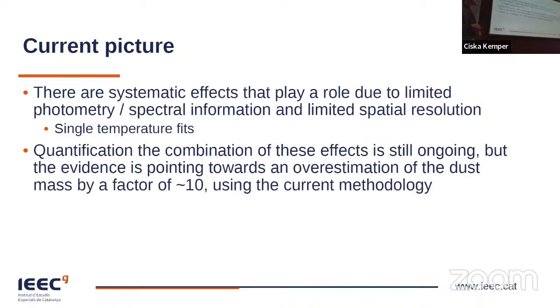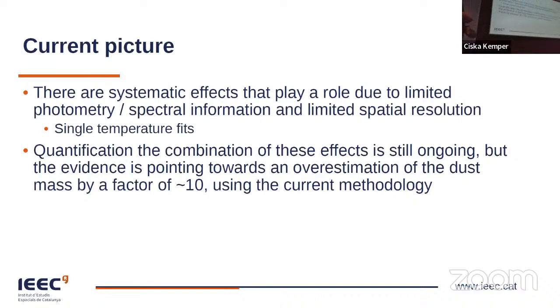And next, there are systematic effects that play a role in dust mass determinations due to limited information that we have on the photometry, limited number of bands, and also limited spatial resolution. We are forced more or less to apply single temperature fits, and these just cause systematic effects that we're trying to evaluate at the moment.